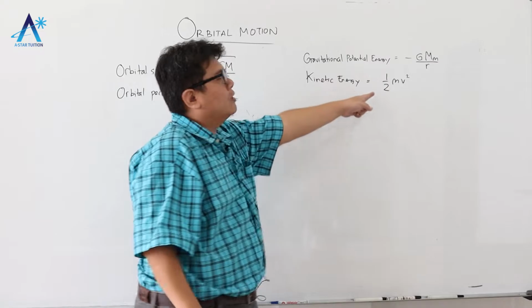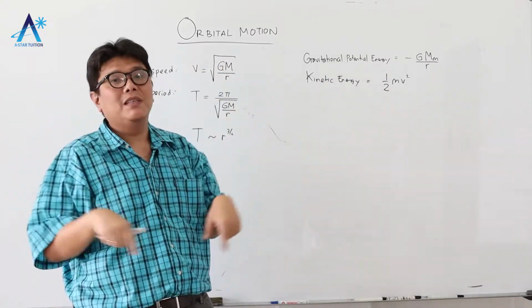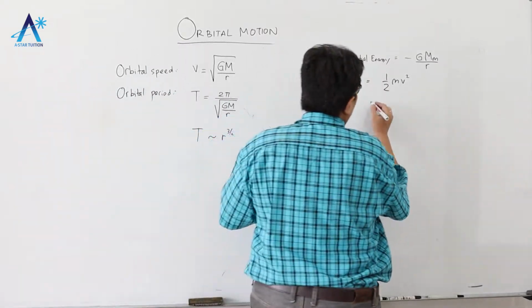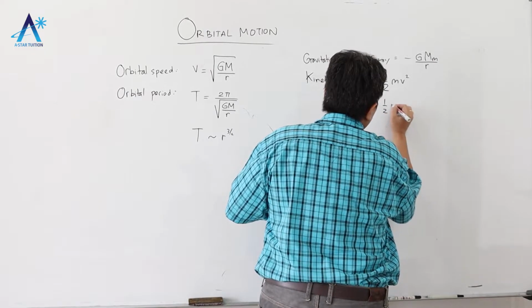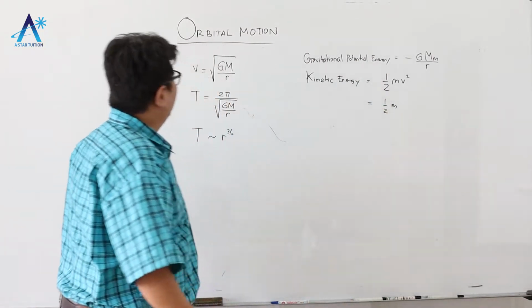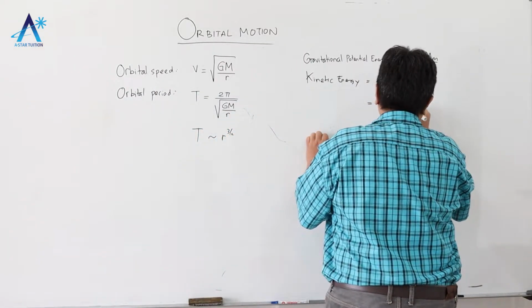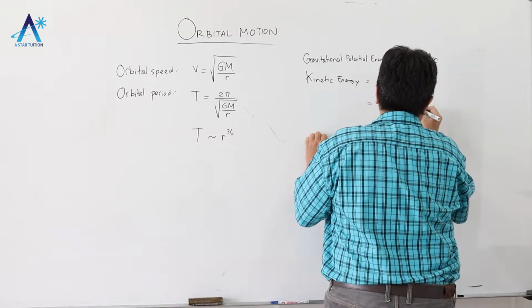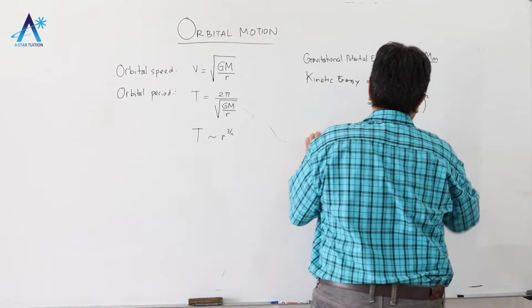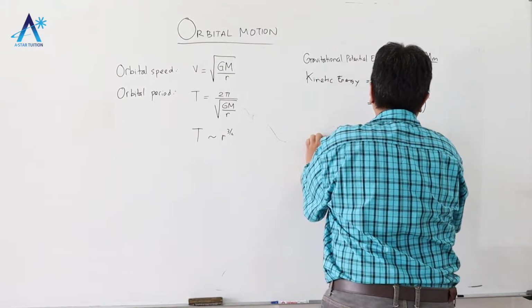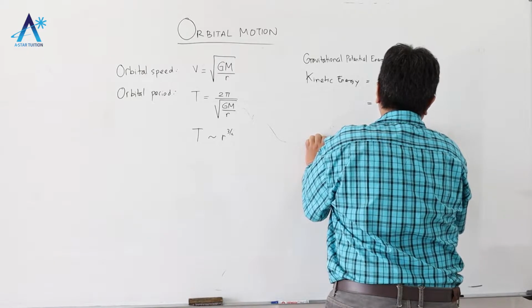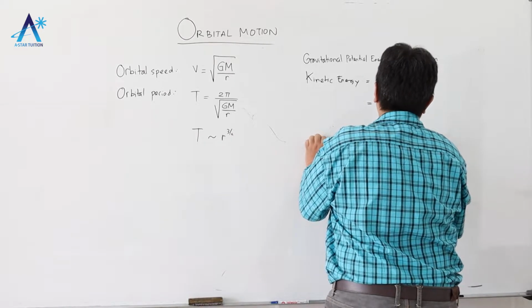Remember, I'm using the lowercase m for the orbiting entity, the moving entity. But then the speed is the orbital speed, which is this one. So let's substitute that, GM over r, and then I square it. This is going to give you GMm over 2r.